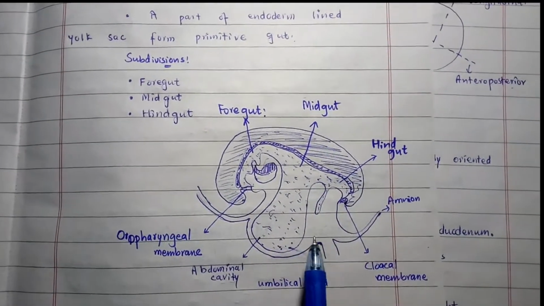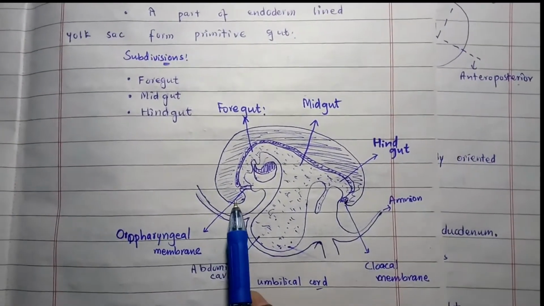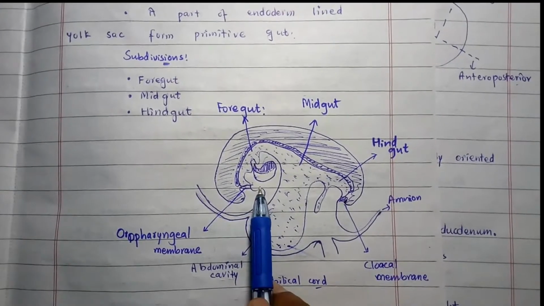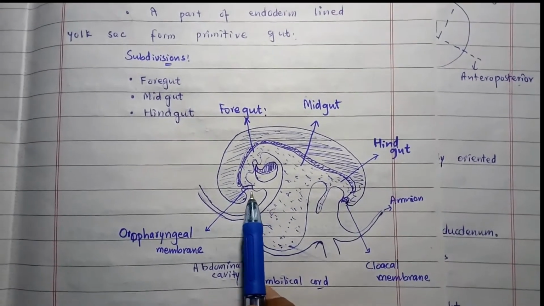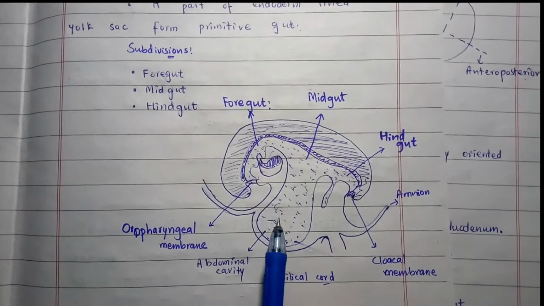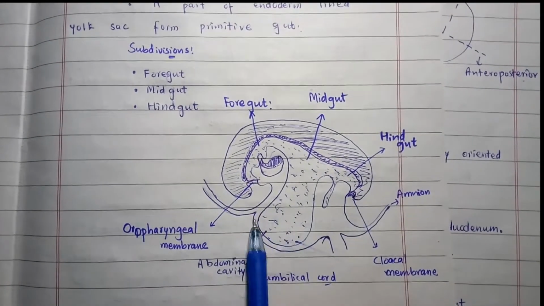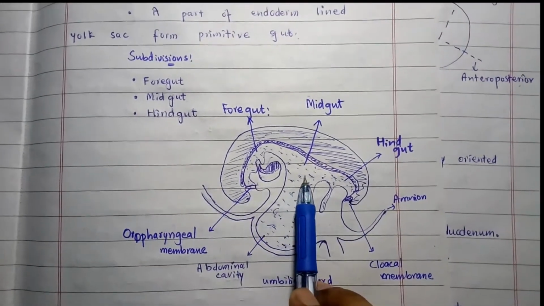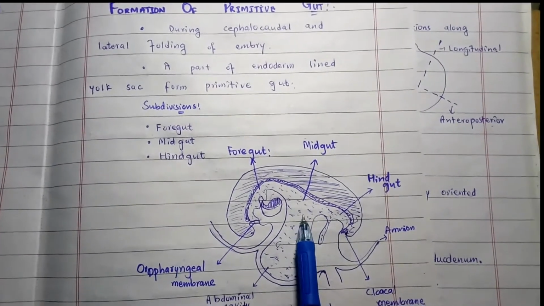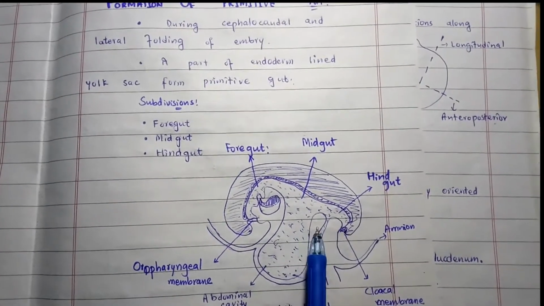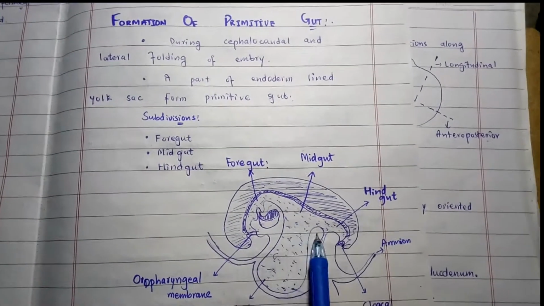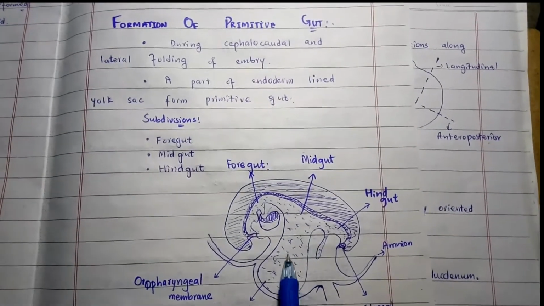And this is the diagram. The oropharyngeal membrane is at the foregut. It is the front or facial portion of the embryo. This is the yolk sac, and the endoderm-lined yolk sac makes the primitive gut.